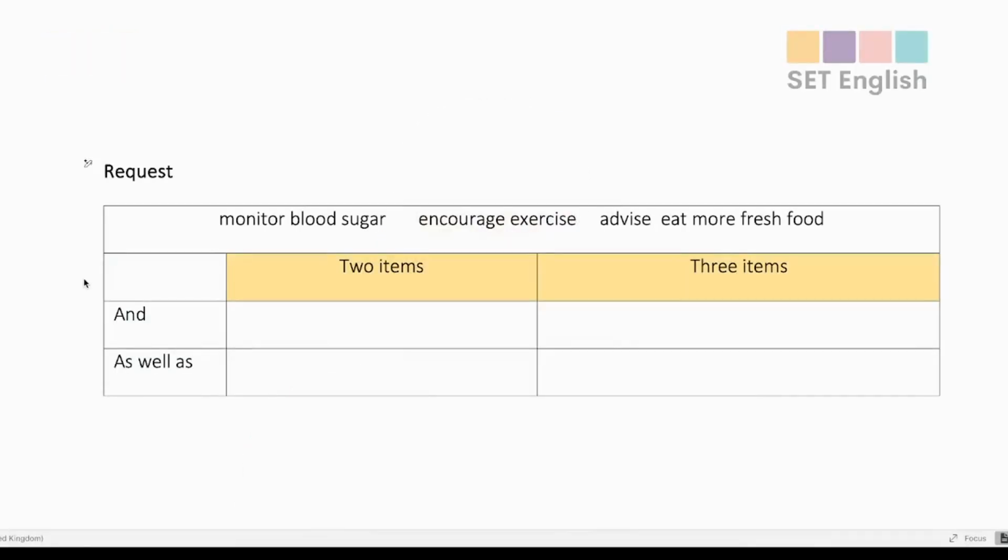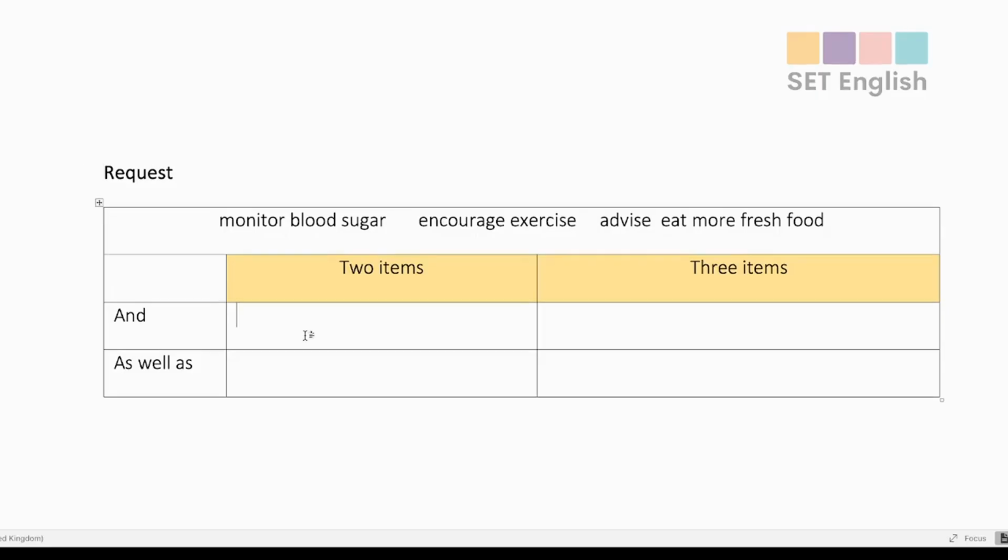Let's look at the second problem, which is a bit more complicated. Okay, this one's a little bit more complicated. So, when it comes to verbs, and is really flexible. Okay, we can put verbs with and no problem. Okay, so let's think about a request.